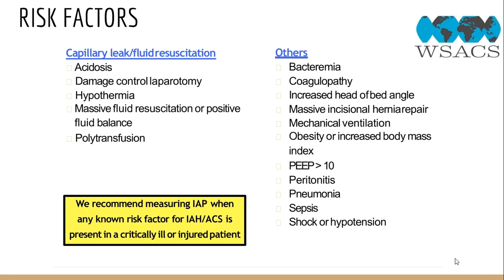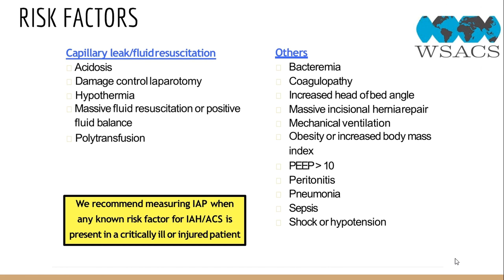Capillary leak and fluid resuscitation in acidosis, damage control laparotomy, hypothermia, massive fluid resuscitation or positive fluid balance, polytrauma. Others include bacteremia, sepsis, pneumonia, increased head of bed angle, and massive incisional hernia repair.